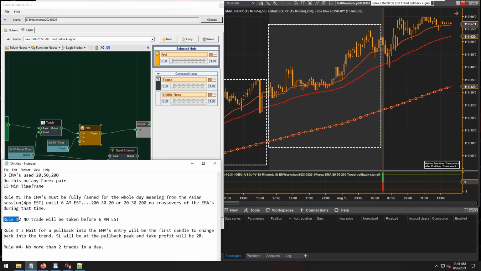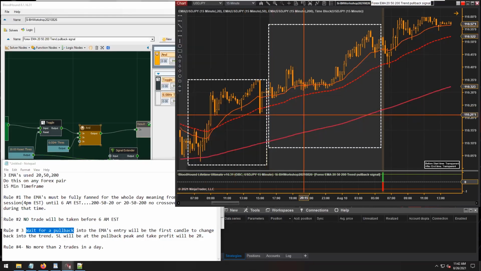Yeah, so I guess we could say that that's a part of rule 2 here, right? If there is a signal coming out of the AND node, that's when we can get to rule number 3 here, is waiting for the pullback.